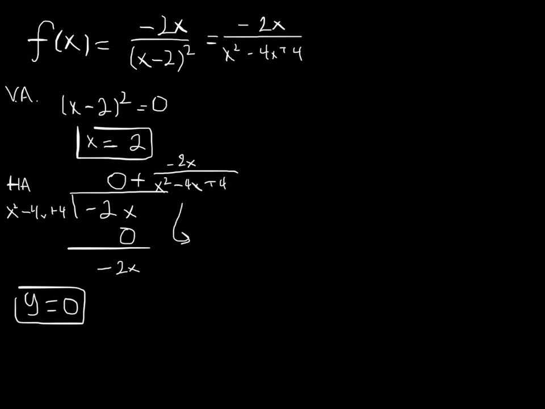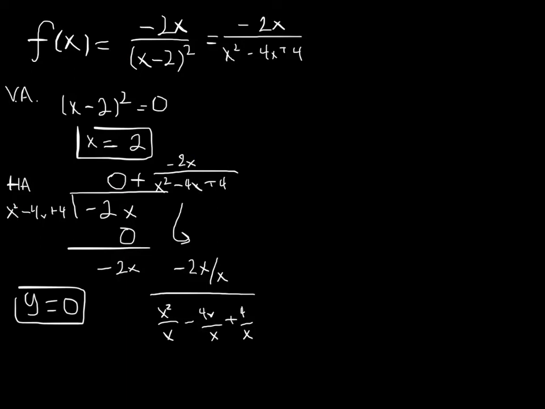So I divide both the top and the bottom by x, and I can do that as long as I do the same thing to the top as I do to the bottom. Everything's okay. So I'll have negative 2x divided by x as my numerator, and on my denominator I'll have x squared divided by x minus 4x divided by x plus 4 over x.